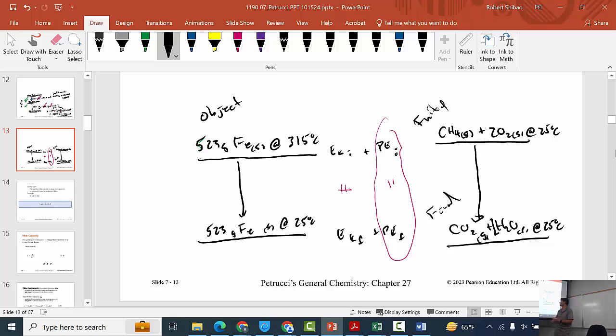To know that, we got to let it cool all the way back down to the starting temperature. If it doesn't, then we haven't released all the heat, and some of that heat is contained. And so this is initial and final. This is a process here.